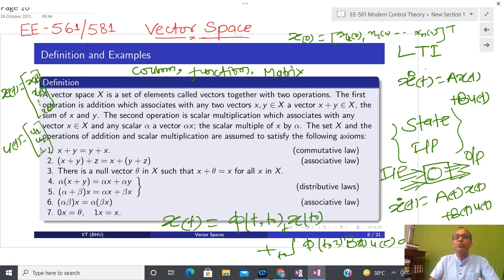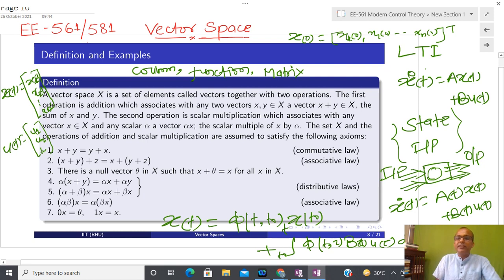The machine has to identify the state, find the solution, and talk about how to control the system, or before that, controllability and observability and all these kinds of properties. If the machine takes situations one by one, then it needs a separate kind of operation when a column vector comes into the picture, a separate operation when a function comes into the picture, and a different operation when a matrix comes into the picture.